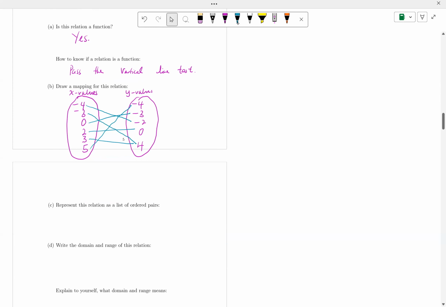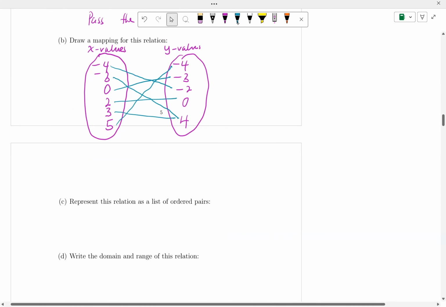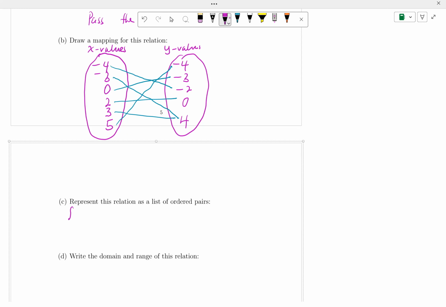Represent this relation as a list of ordered pairs. I'm going to do a brace, and each point is going to be in here, like (-4, -2). That's the first point as an ordered pair. Ordered pair means you write it as an x and y, x value, y value.